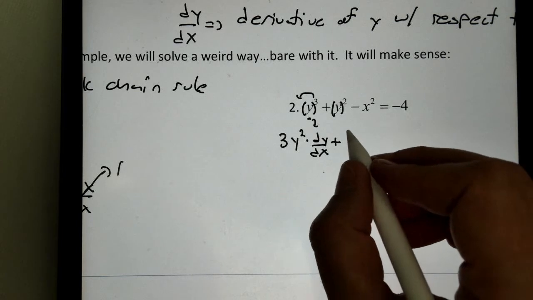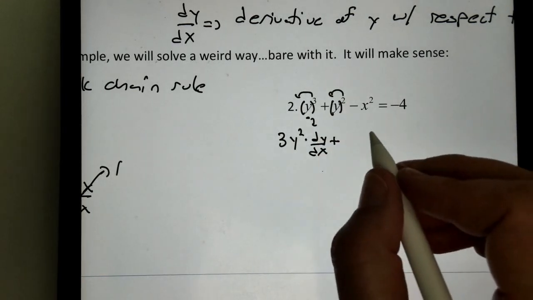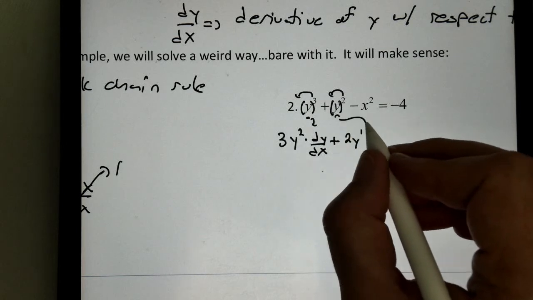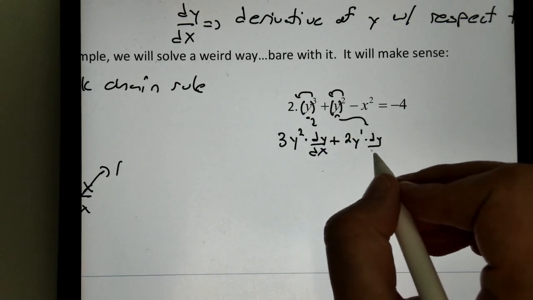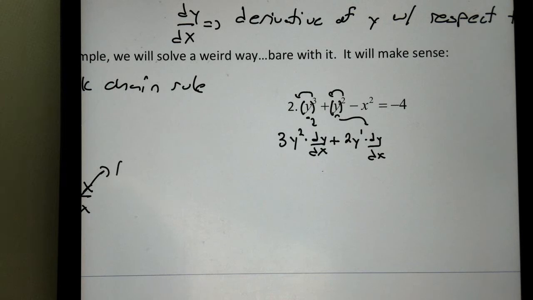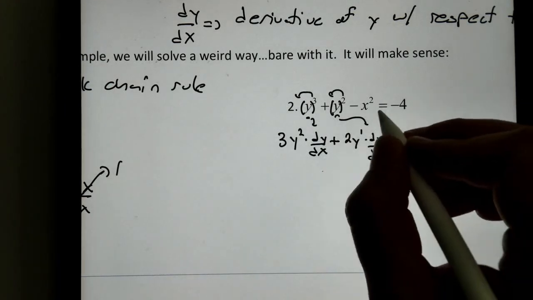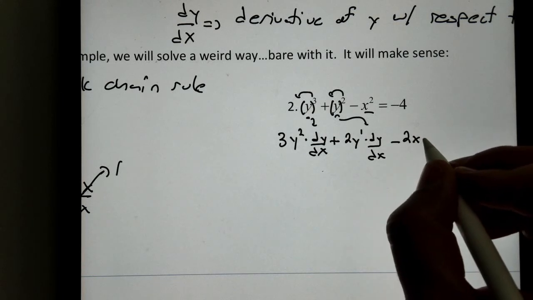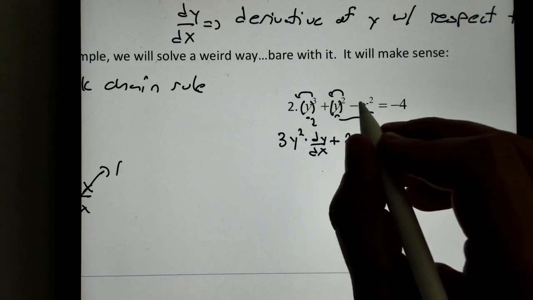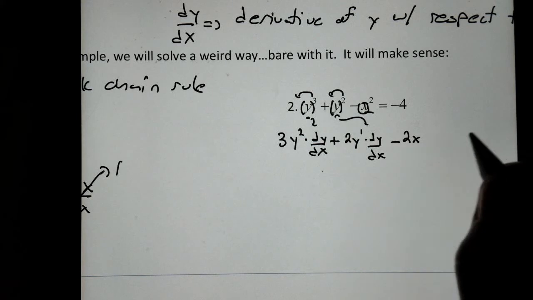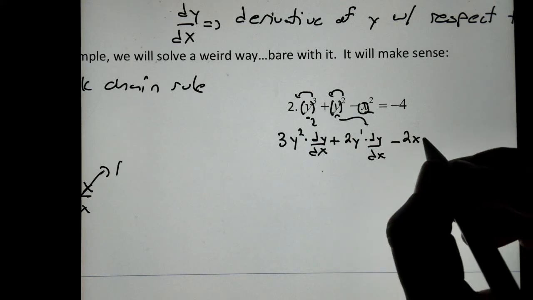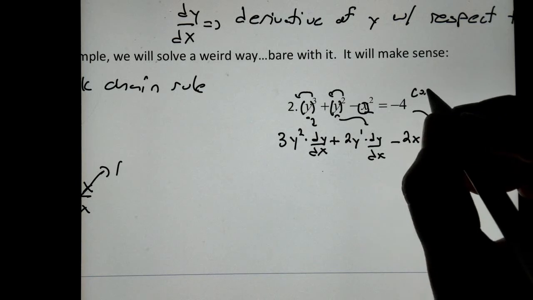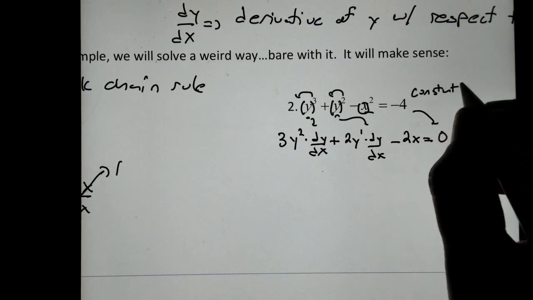Plus, when we take the derivative here, we're going to get 2y to the first, and then my chain rule, dy dx. Minus, when we take the derivative of x squared, we're just going to get 2x. We're going to multiply it by 1 because the derivative of x is just 1. So we just never really worry about that. Over here, that just becomes 0, because 4 is just a constant.